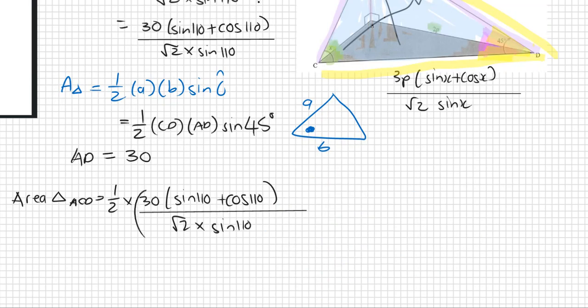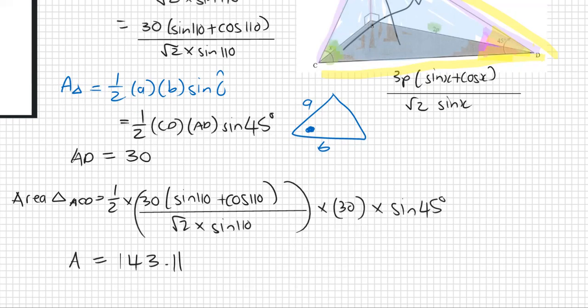So it's times by this, times by AD, which is 30, times by the sine 45 degrees. All of this goes in the calculator straight away. And we get the area rounded to 2 decimal points is 143.11. Just go back and check, I think it was meters.